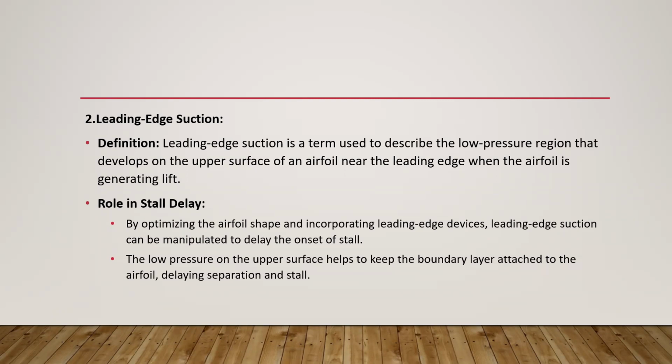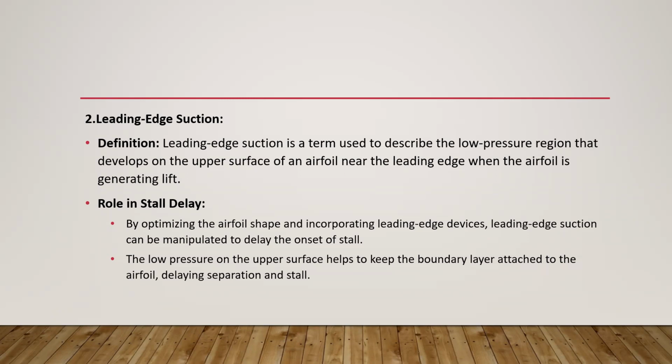It plays a major role in delaying the stall. By optimizing the airfoil shape and incorporating leading edge devices, leading edge suction can be manipulated to delay the onset of stall.